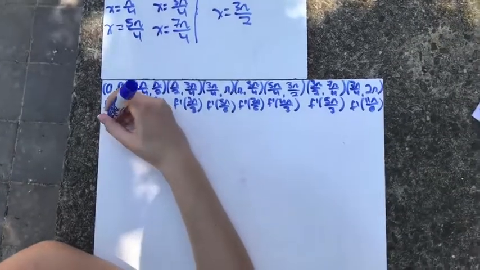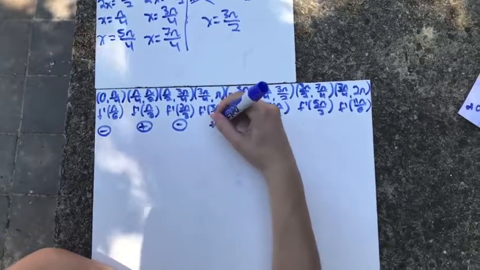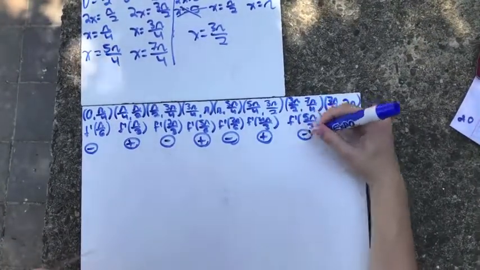So this will give us a negative, positive, negative, positive, negative, positive, negative, and positive.